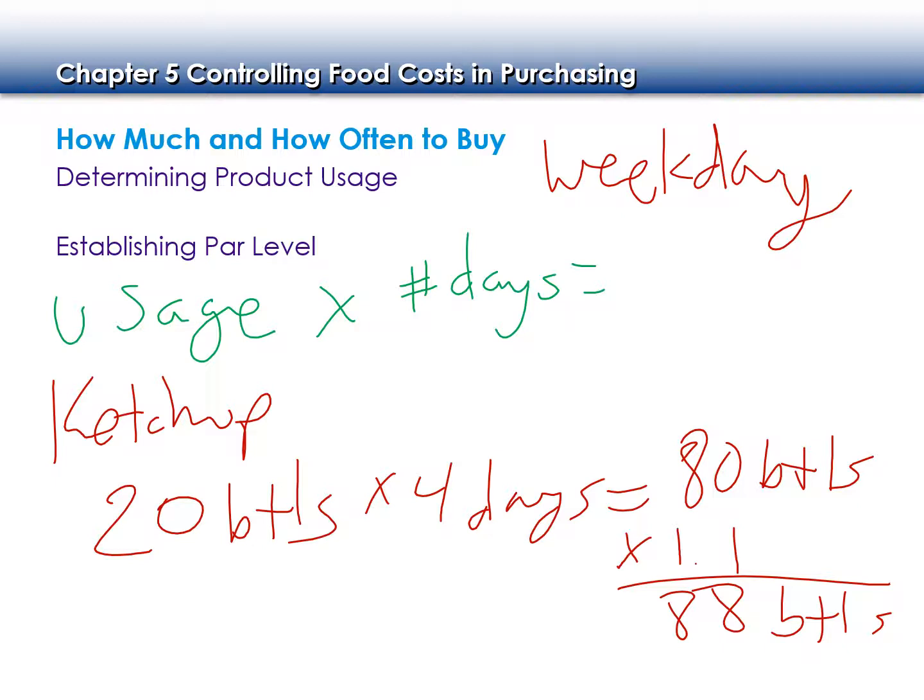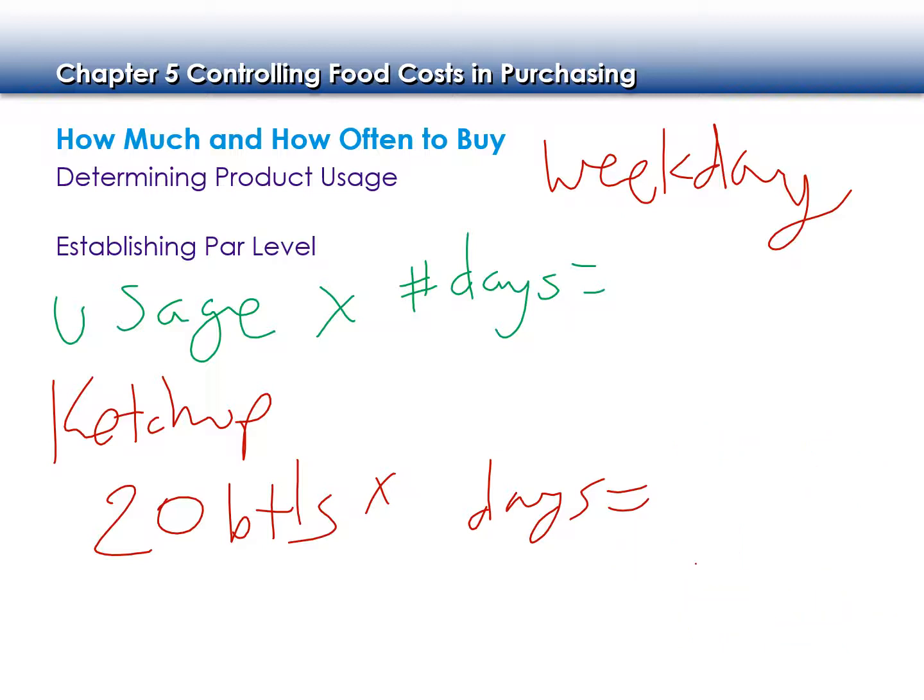Okay, now let's do the weekend. On the weekend, how many days do we have? Friday, Saturday, Sunday, 3 days, okay? On the weekends, I'm going to change it up a little bit.